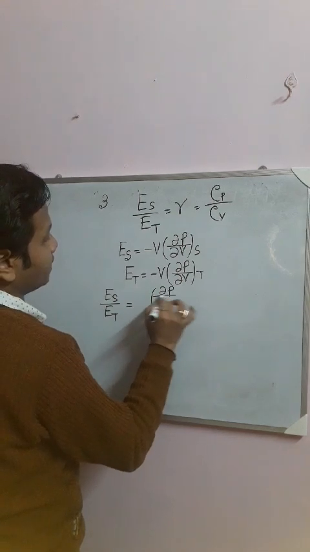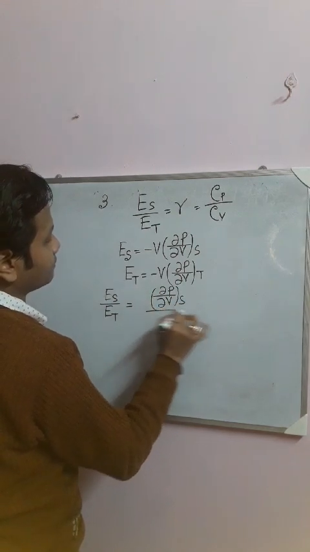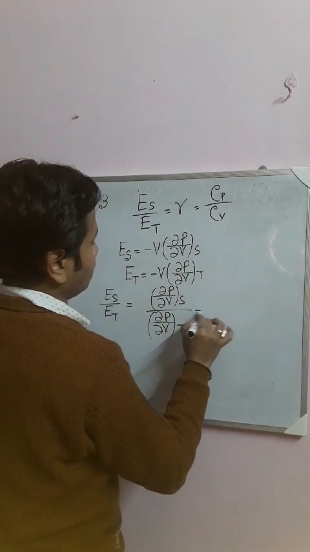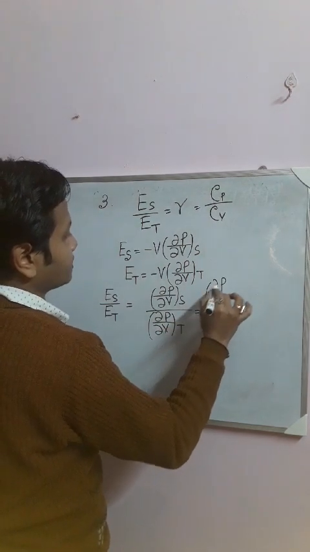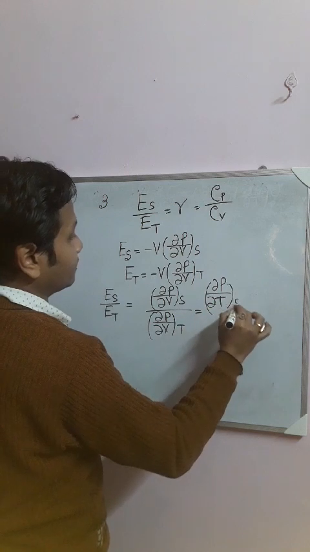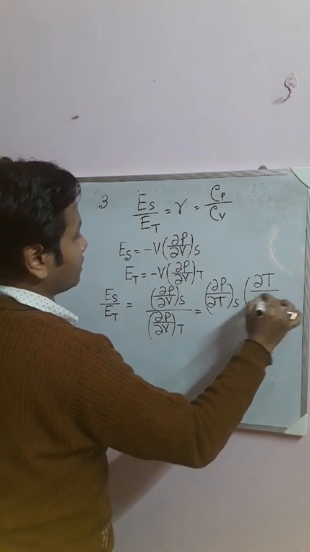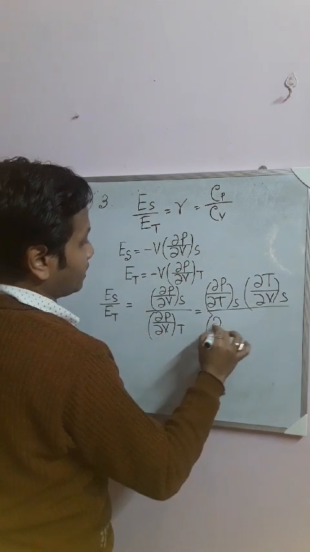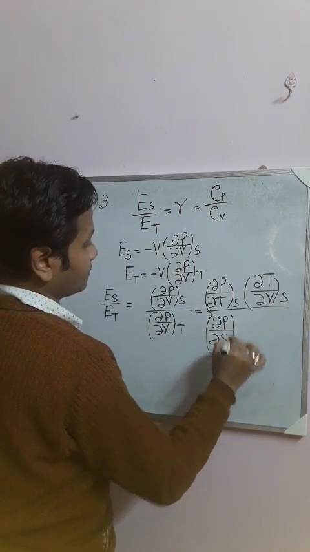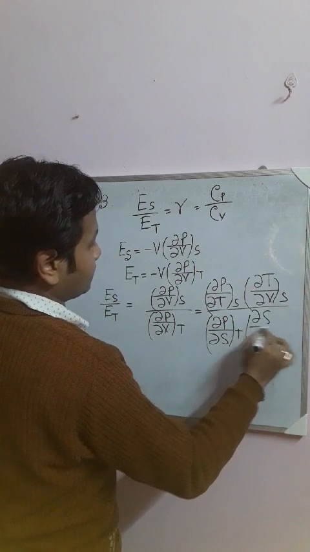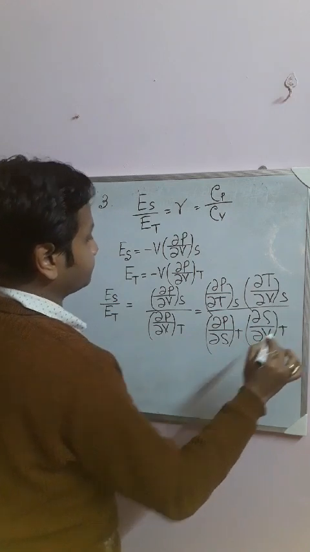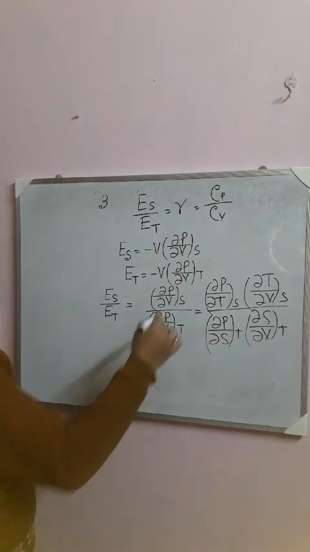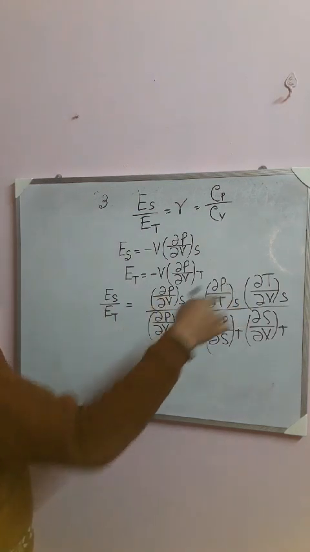So del P del V at constant S over del P del V at constant T, and you can rearrange it by taking del T there and del V, and here del P del S at T and del S del V at T. So you can rearrange this term in this way.